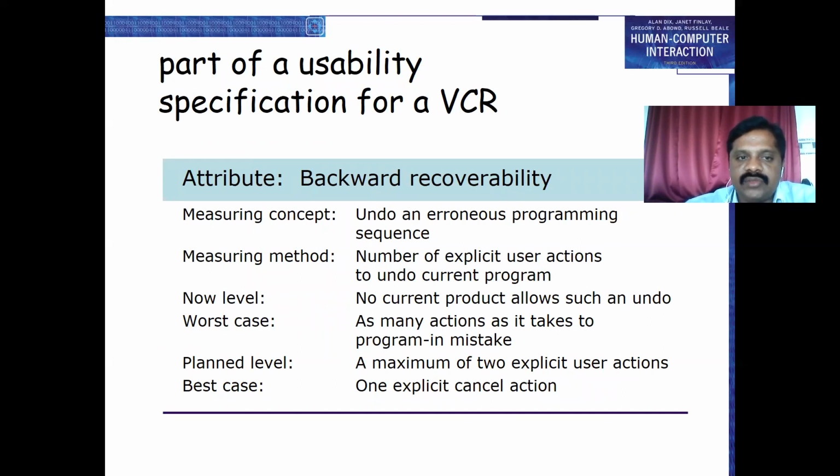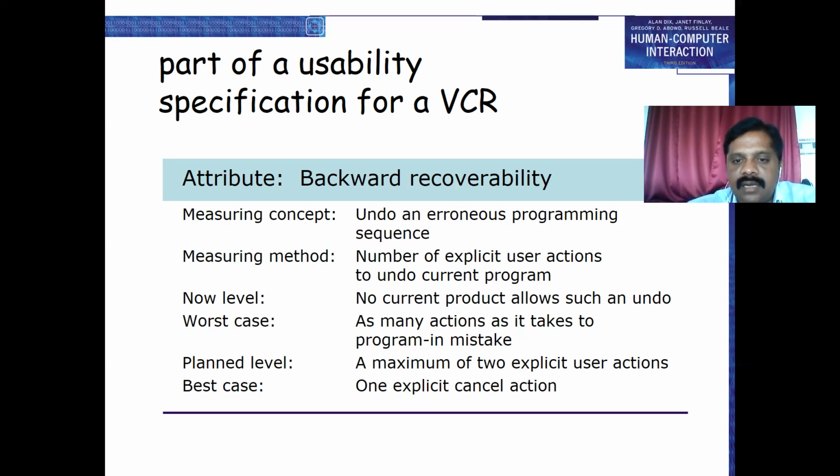Next, part of a usability specification for a VCR. We have an attribute, background recoverability. Here we have measuring concept, measuring method, now level, worst case, planned level, and best case. In measuring concept: undo an erroneous programming sequence.